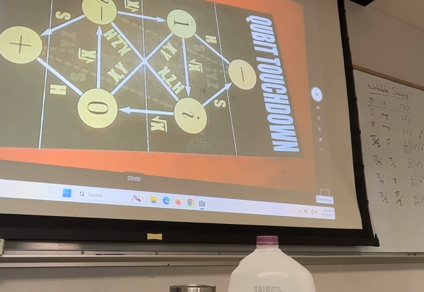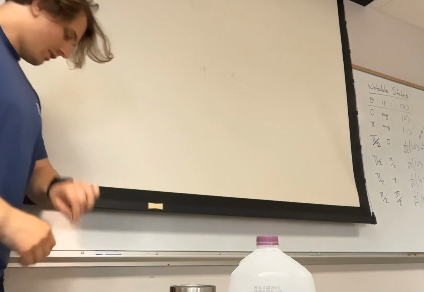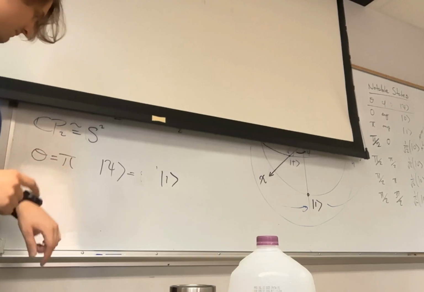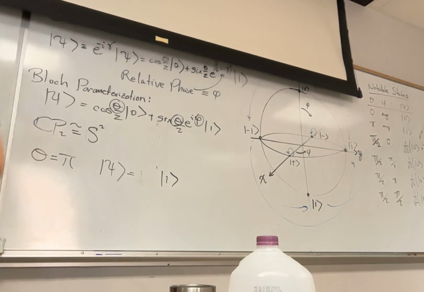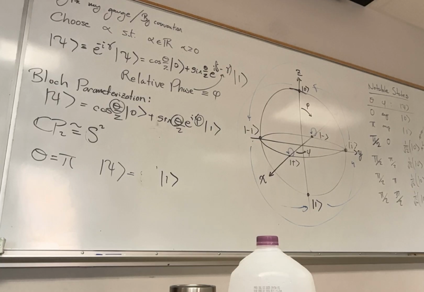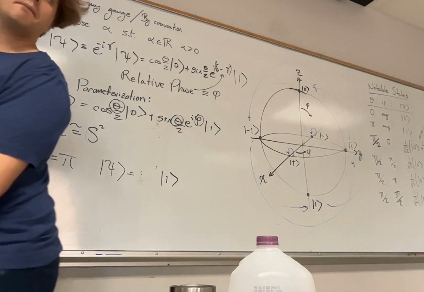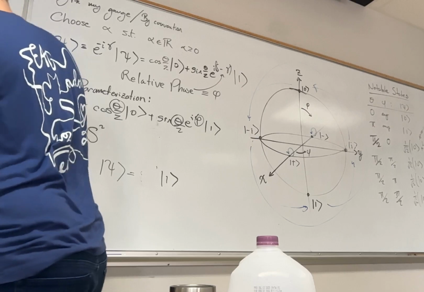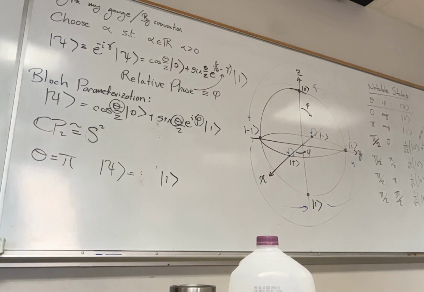Just like NAND gates and AND gates and other logical gates for classical computers, these operations are the building blocks for our quantum computer. Okay. Any questions before I show you the Hadamard gate? Okay. I think we can do this in the next 6 minutes or so.